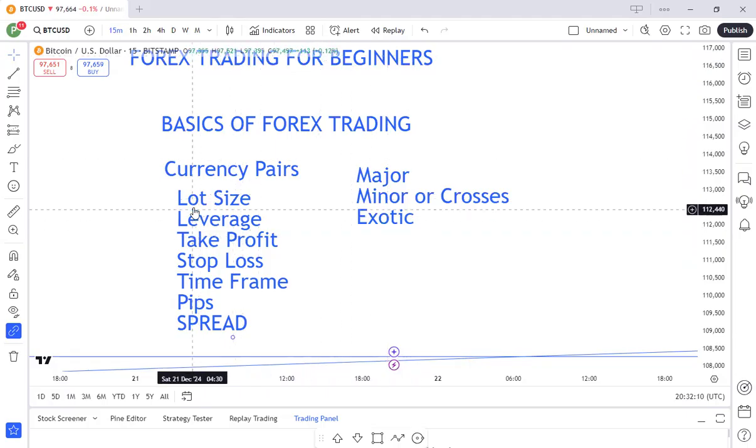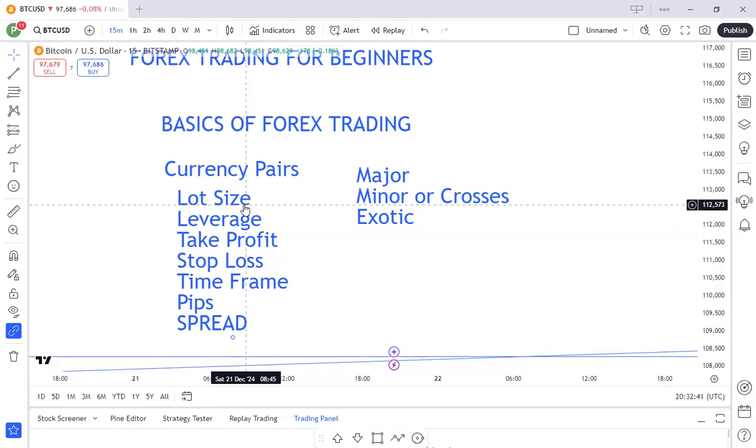So we have the lot size. This lot size determines the amount you are using to trade. Let's say you are using a $10 account and a 0.01 lot size, depending on the currency pair you are trading.